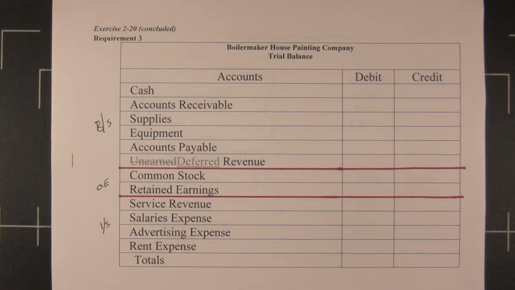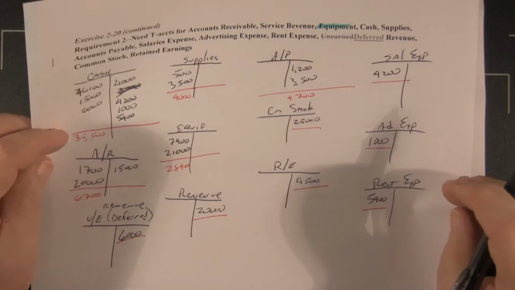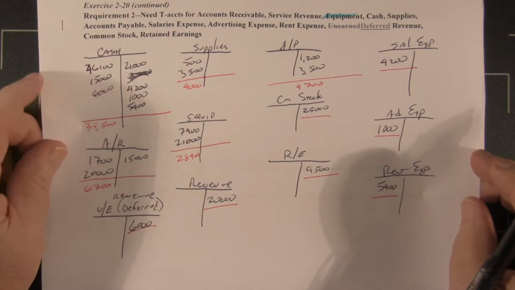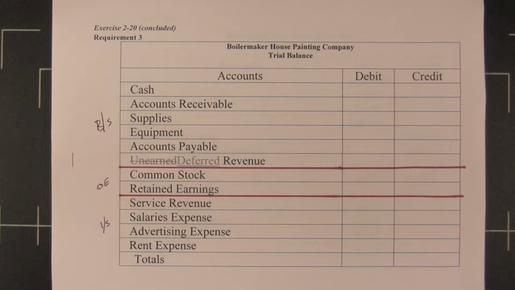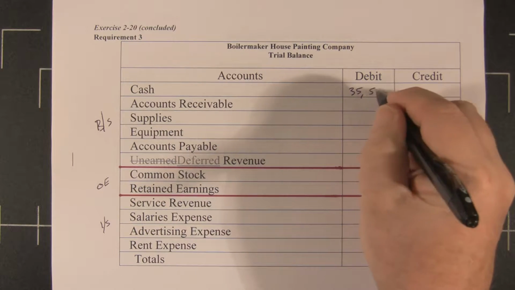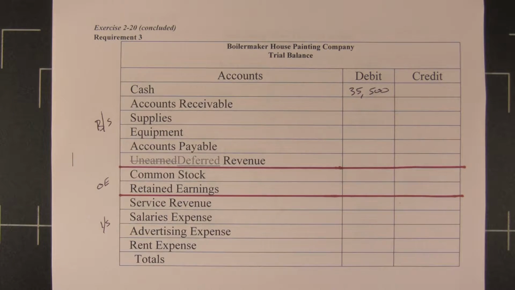Now we're just going to take these accounts and the amounts that we've computed in red, and we're going to transfer them to our trial balance, observing the rules of debit and credit. So we have cash, $35,500.